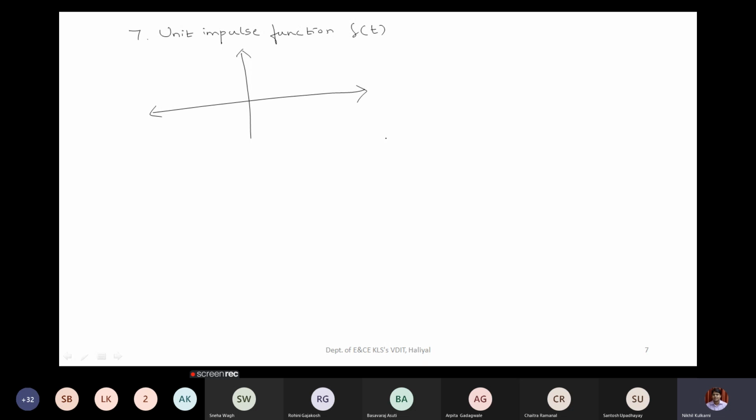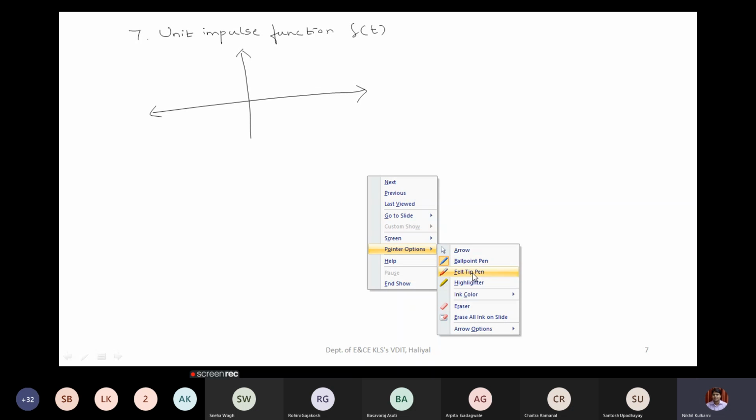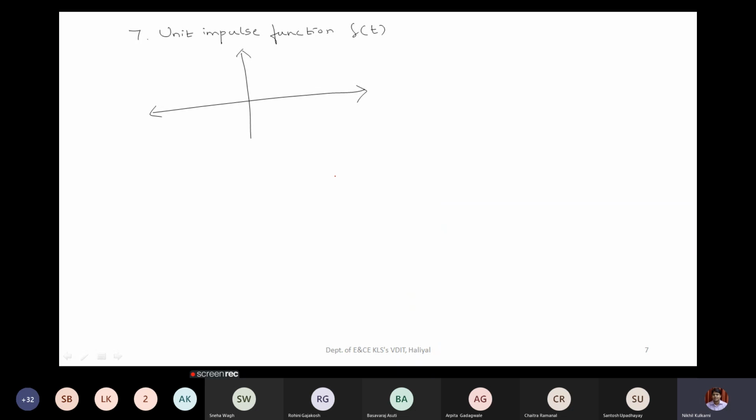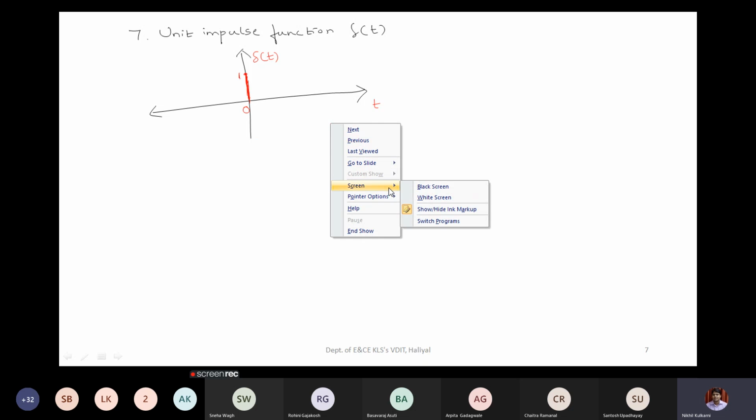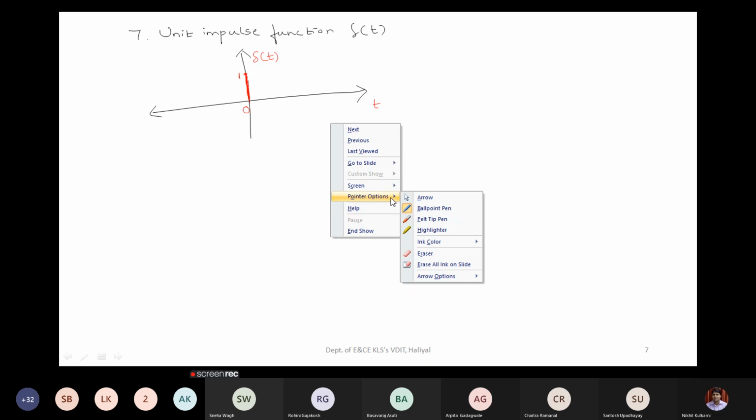So the unit impulse function is the one which has a unity value at 0, and for the rest of the values it will be 0.